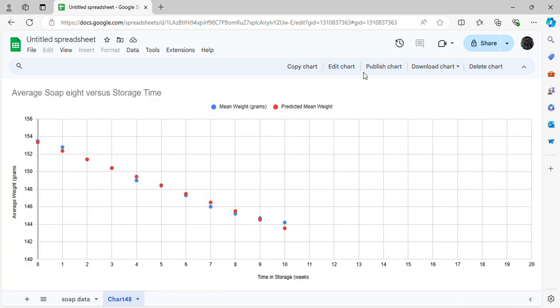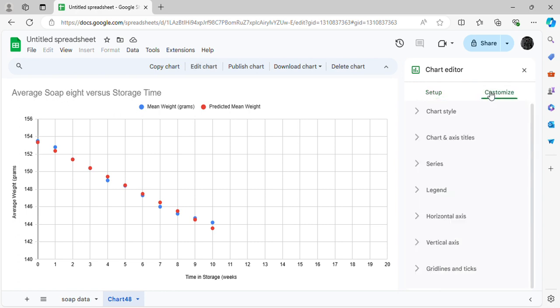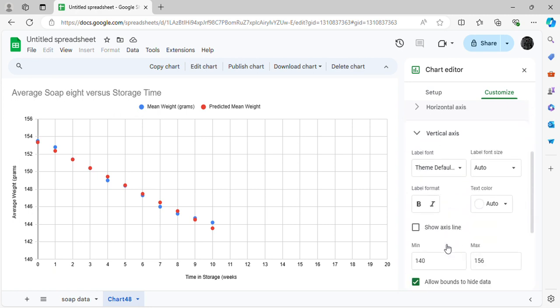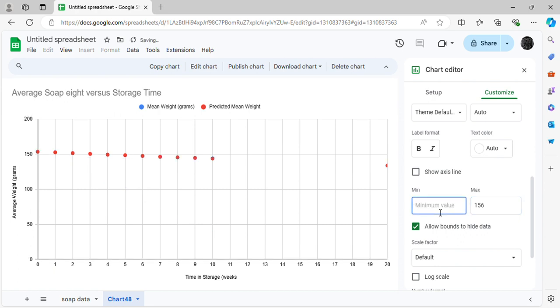So we need to edit the chart and customize the vertical axis. Let's remove the minimum value. Let's have the minimum value as 130.